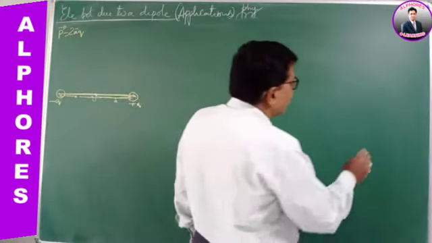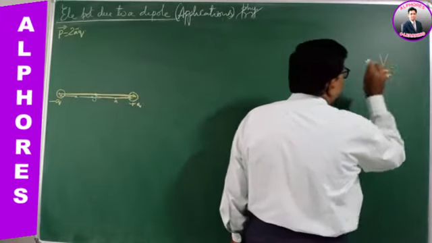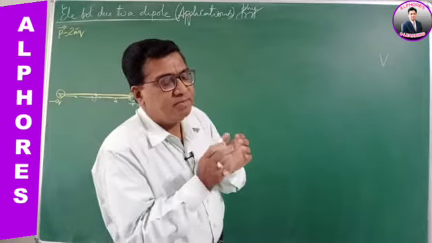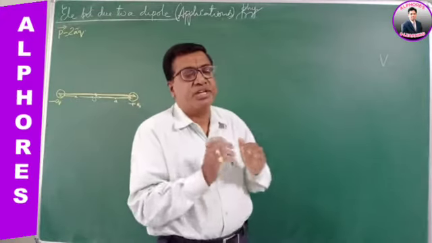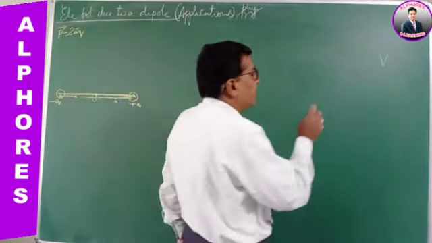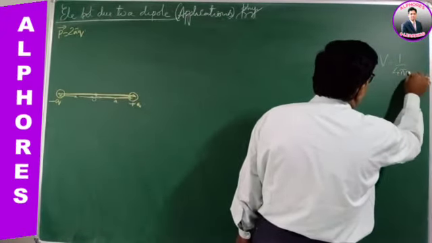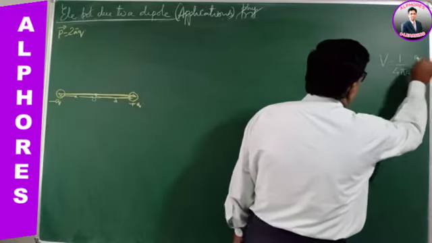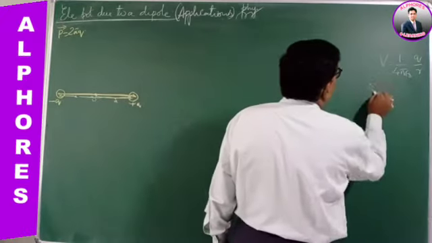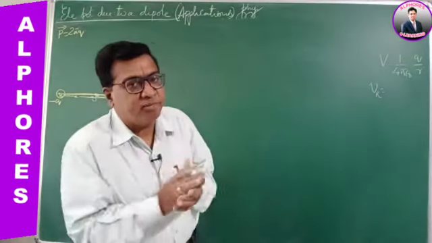What are the various things which are required? We know electric potential due to a point charge. Potential is the electric state of the body. It is defined as the amount of work done per unit charge. V is W by Q. The electric potential due to a point charge is 1 by 4 pi epsilon naught, Q by R. And the resultant potential is the algebraic sum of the potentials due to multiple charges.